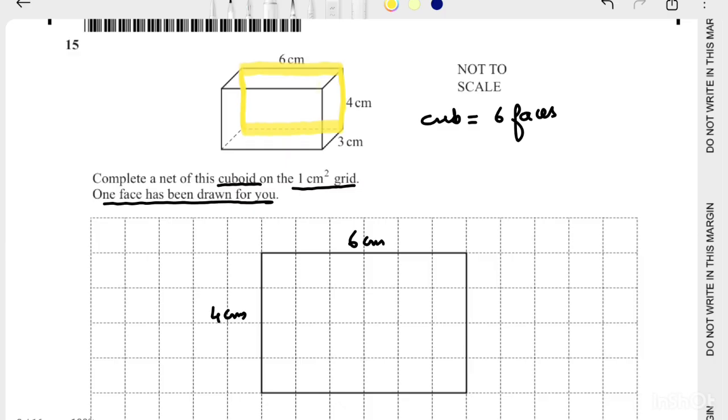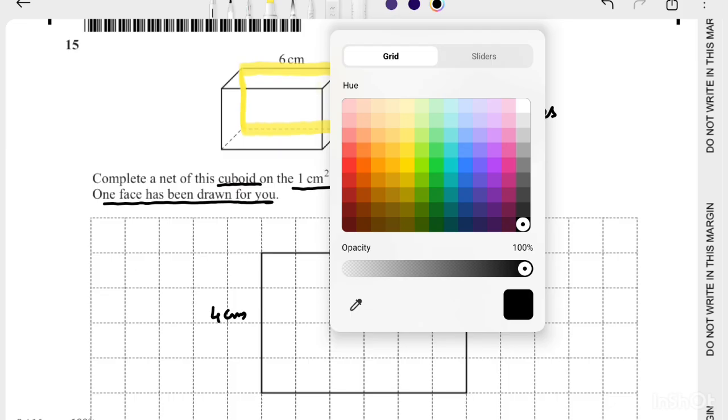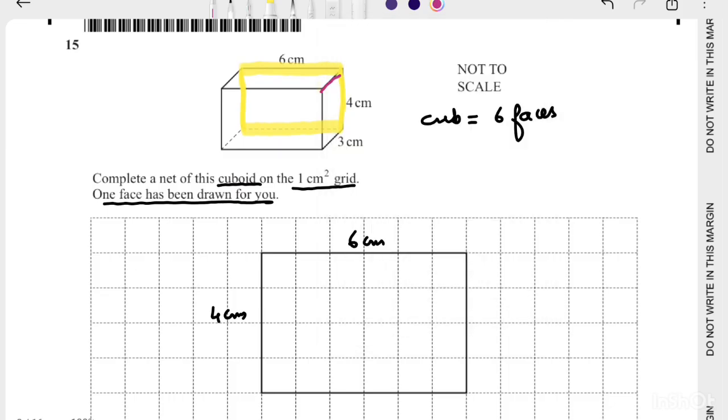So if we see this rectangle and this rectangle, it can be drawn along with this face. So it will be 1 2 3, and 1 2 3 from here, and we join them, we get the side face.